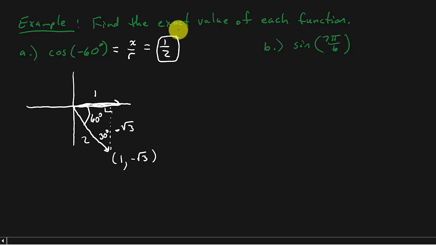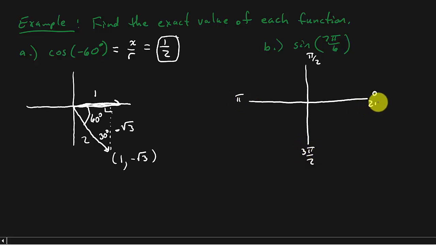All right. So now let's look at the next one. Sine of 7 pi over 6. Sine of 7 pi over 6. All right, so let's draw 7 pi over 6. So, you might want to label this 0, pi over 2, pi, 3 pi over 2, and 2 pi.